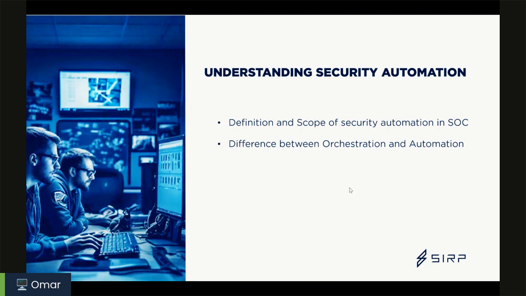In a SOC, when we talk about automation, it includes gathering threat intelligence, performing incident response, doing vulnerability management, and even compliance reporting. Now you can understand automating these processes makes SOCs more efficient and capable of managing more incidents without needing more staff.